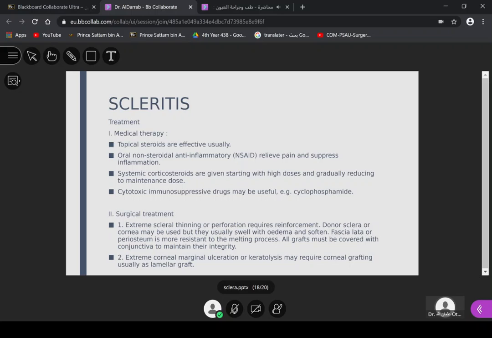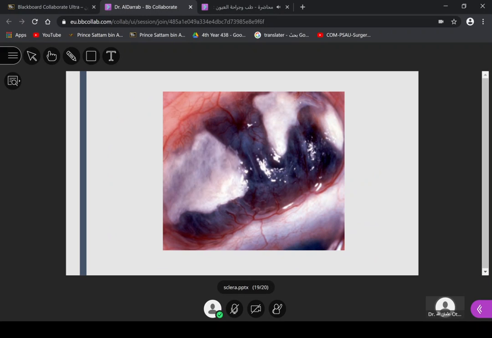Surgical treatment is somehow advanced. Just covering the area is honestly very difficult. Now this is a very extreme case of scleritis. The sclera is almost melted away. That's it for the sclera.